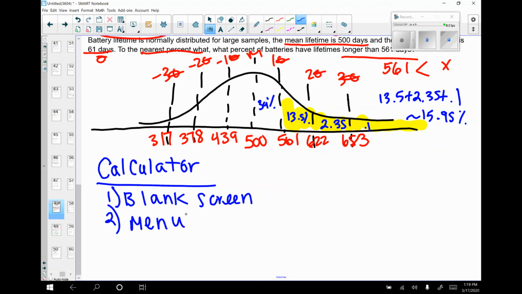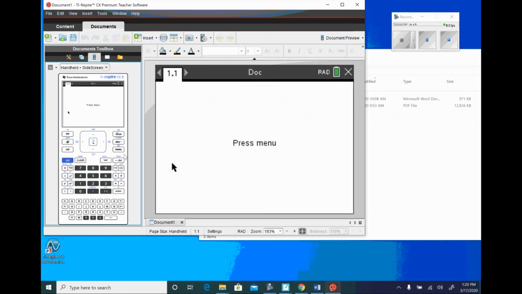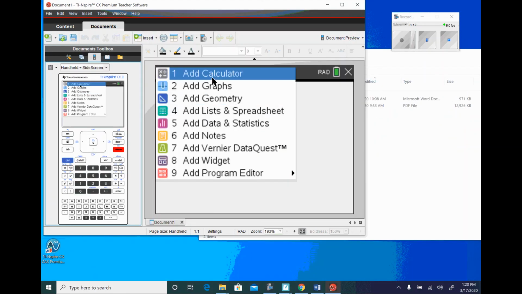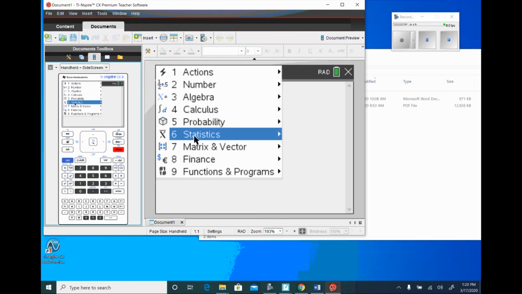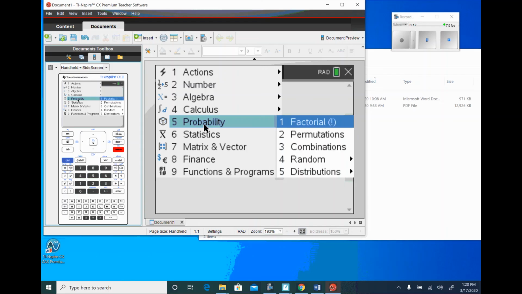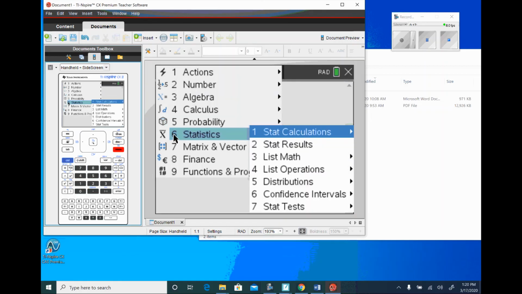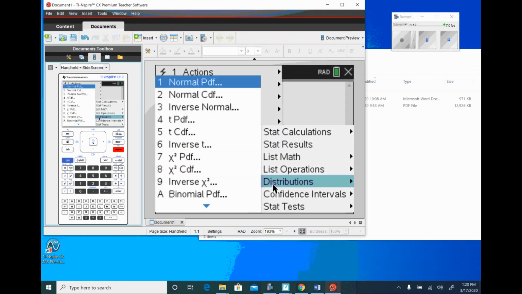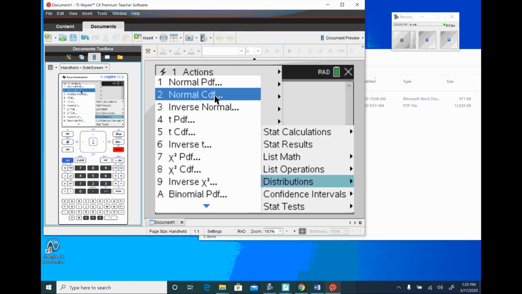There are actually two different ways you can get here. I'm going to come to my Inspire, go to menu, and add calculator. Menu, stats, or you can do probability, either way. If you go to probability, you can go to distributions, or if you go to stats, you can also go to distributions. It doesn't really matter which one. What does matter is that every time you do this, you need to come to normal CDF, not normal PDF, normal CDF.